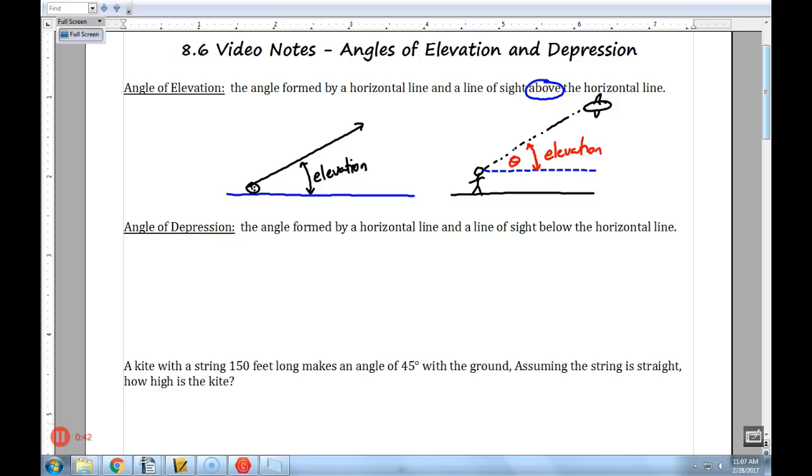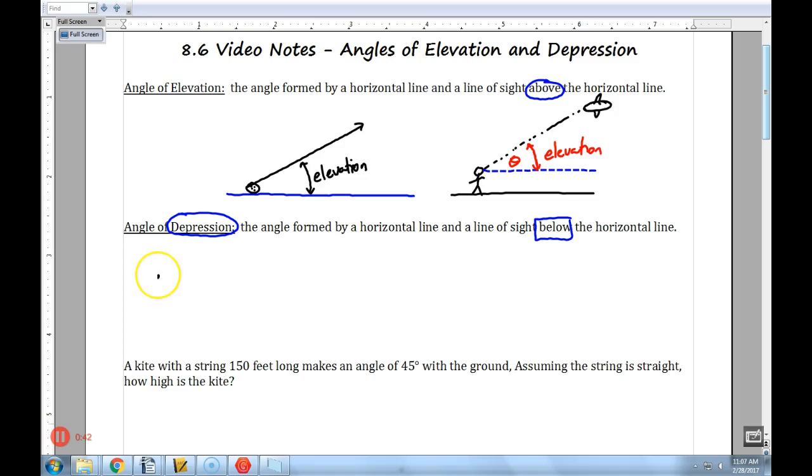Now, angle of depression, okay, depression is very similar. It's the angle formed by a horizontal line and a line of sight below the horizontal line. So typically you have somebody standing on something.